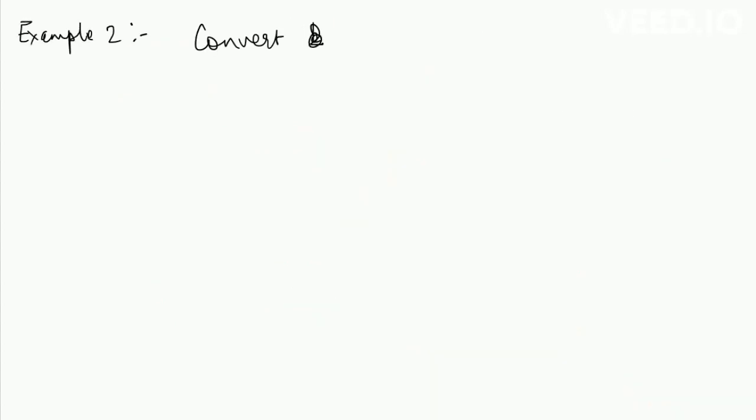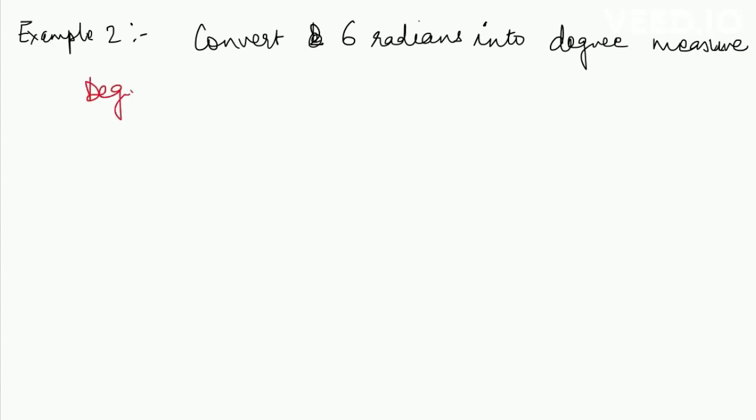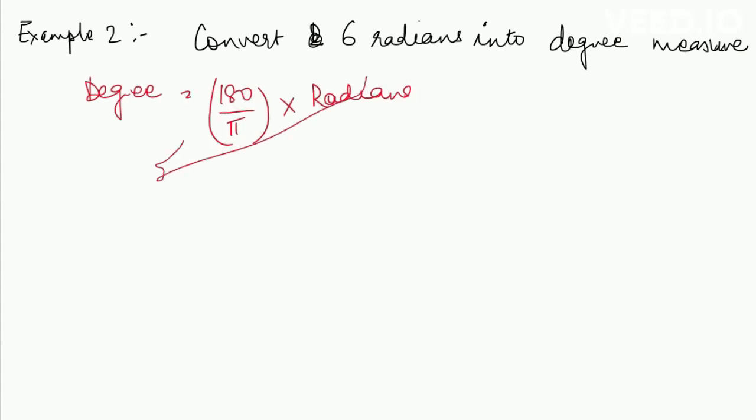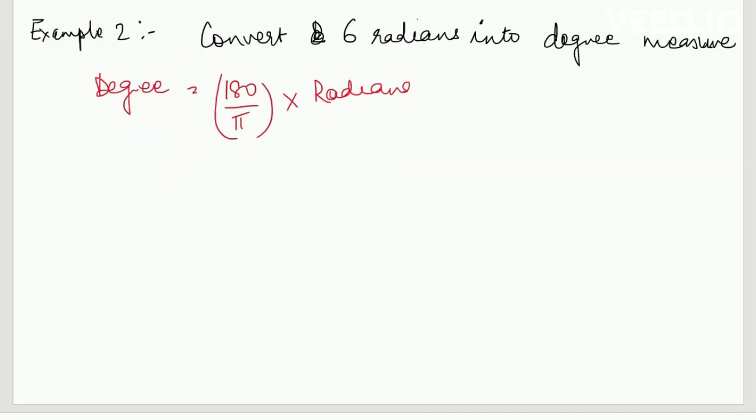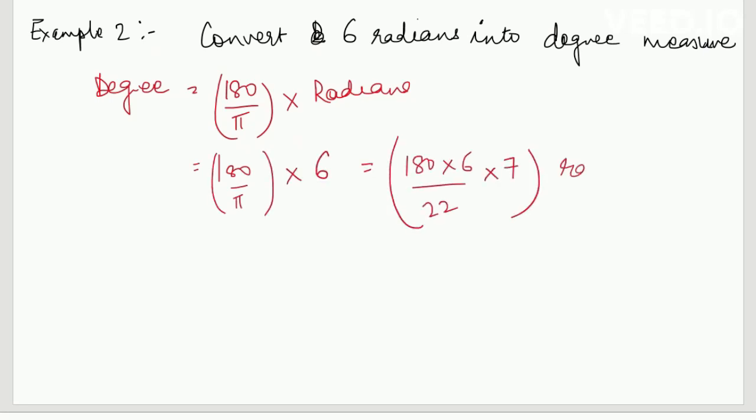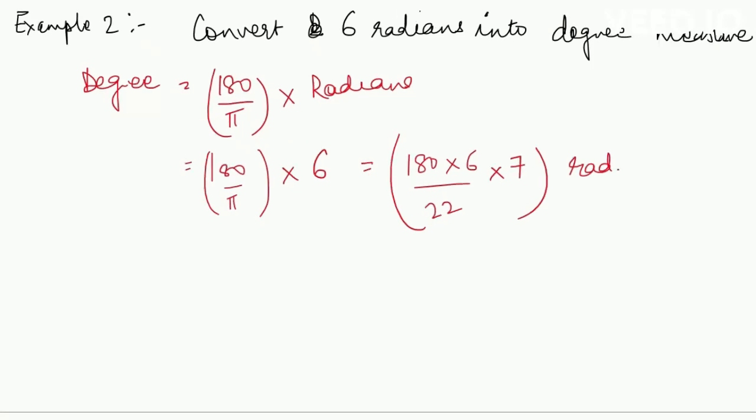Moving towards example number 2, here we have converted radians into degrees. So to get the degrees, we have to multiply radians by 180 by pi. We have the radians, so we got this number. If you do a little calculation, it is 343 7 by 11 degrees.